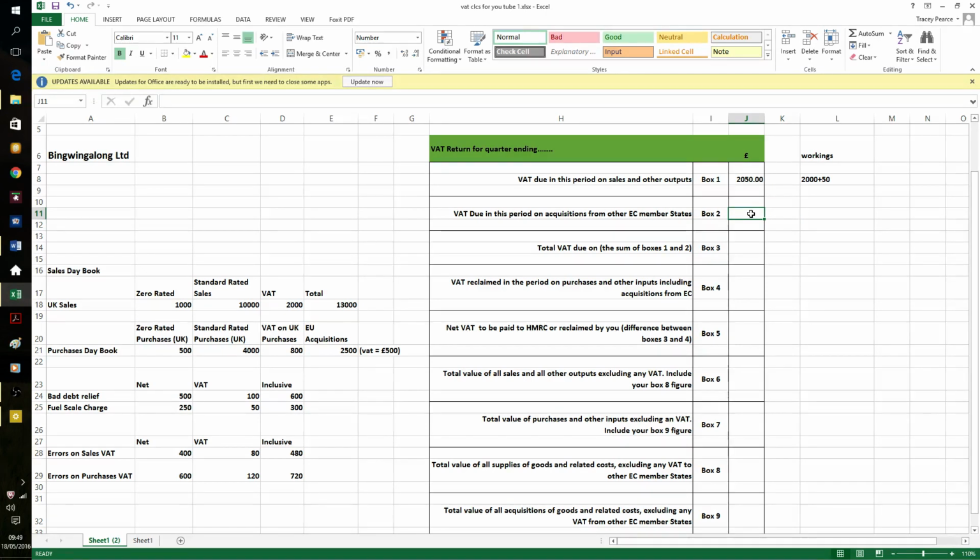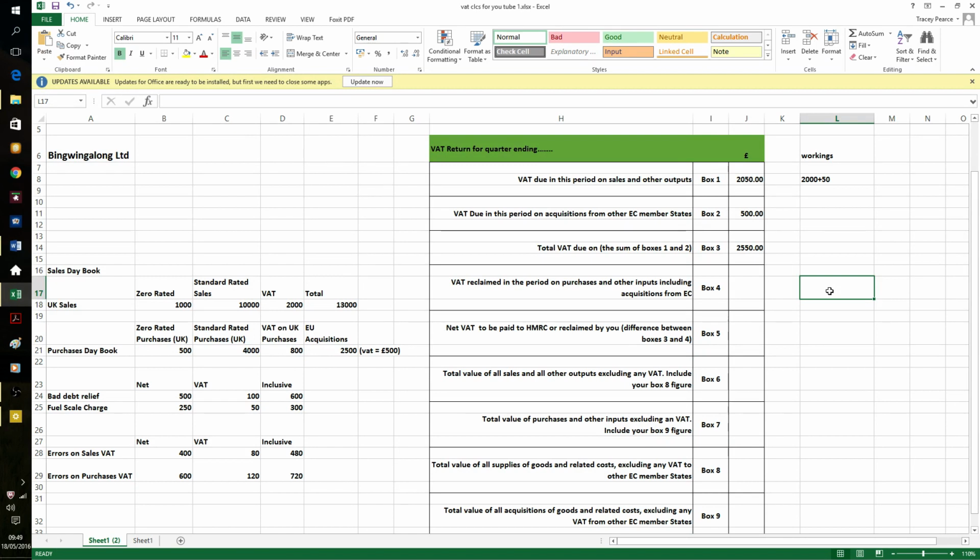This is because the European Union is a free trading association. The idea is that when you bring something into the country, you declare that you should have paid VAT on it, and then you're going to claim it back anyway, so it doesn't actually matter. So this is the £500 that belongs on the EU acquisition. Total 2,550.